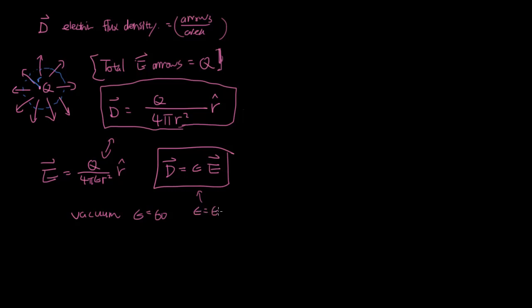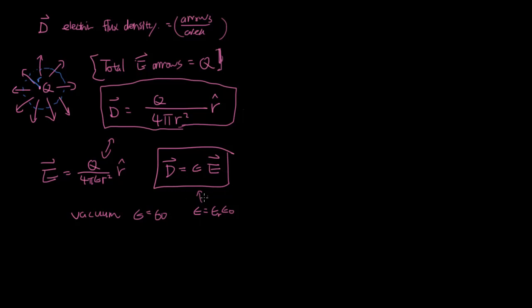In many cases, epsilon naught is the minimum possible value. In many cases, it's some factor larger than that, which we'll describe with epsilon r. So epsilon is equal to the relative permittivity, epsilon r, times that of a vacuum. But the main thing I wanted to drive across is that if you compare the point charge equations, you can see that the electric flux density is related to the electric field through this epsilon term.